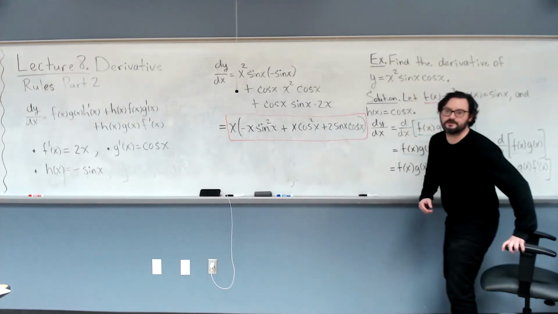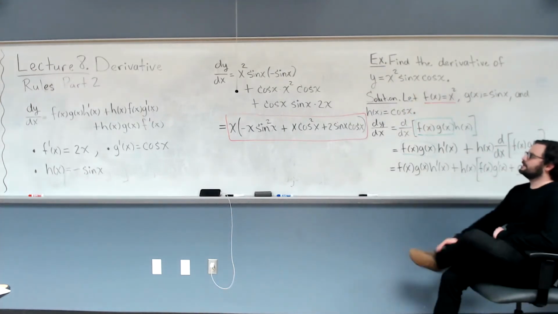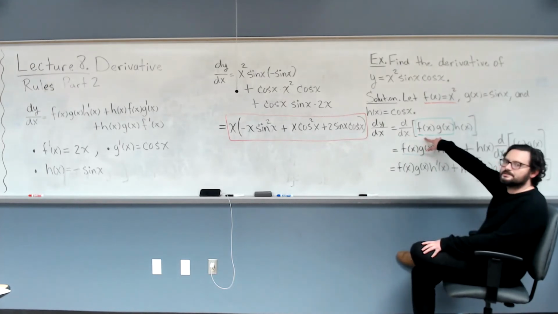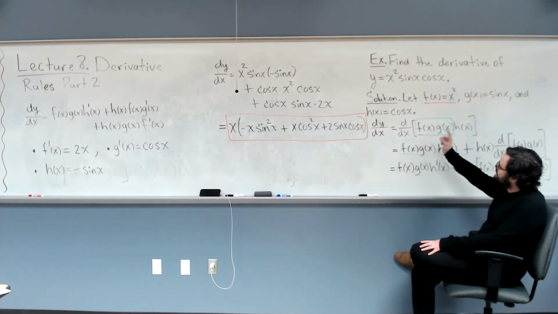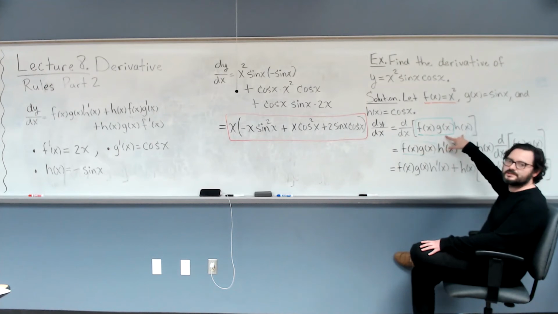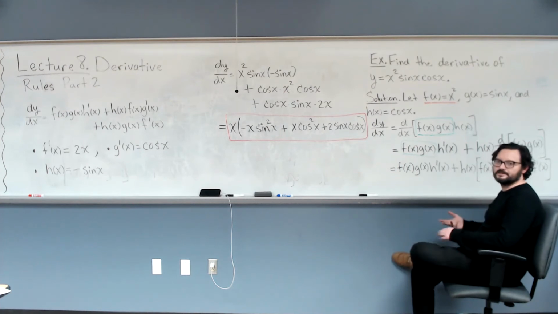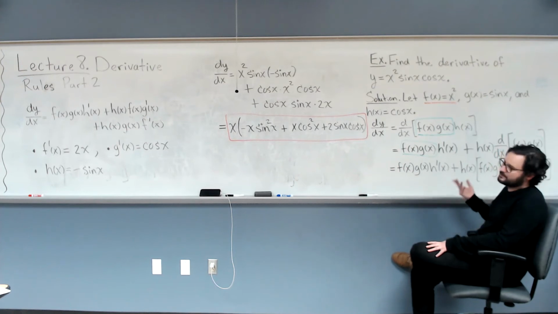I encourage you in your notes to try the following and see if you get the same answer. Here, we chose this to be the first function. We could have easily chosen f to be the first function and g times h to be the second function. Would the answer be the same? It should be, but you should verify it. It's an exercise to try. It might be a bonus problem on an exam.